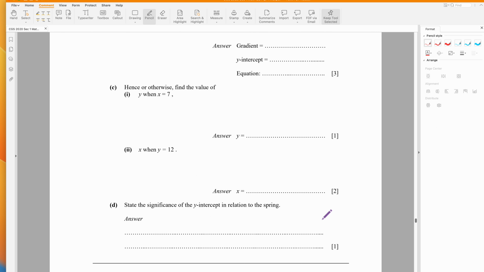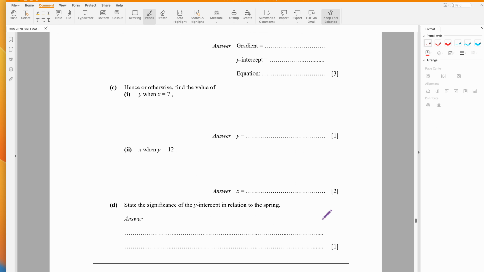If they ask for y equals 7, you just draw the y equals 7 line out, and then see at which point it cuts the graph. Then you just read it off.